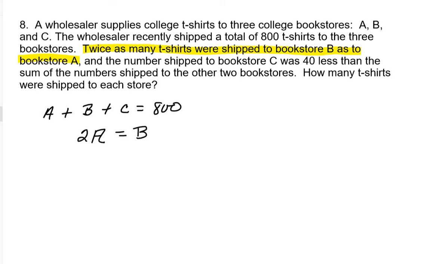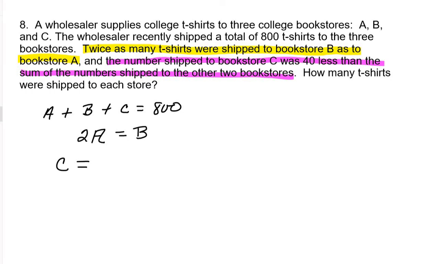Twice as many were shipped to store B. So 2 times A is going to equal B. Now let's look at the second part of this sentence. The number shipped to C was 40 less than the sum of the numbers shipped to the other bookstores. Okay. The number shipped to store C was, or is, means equals.